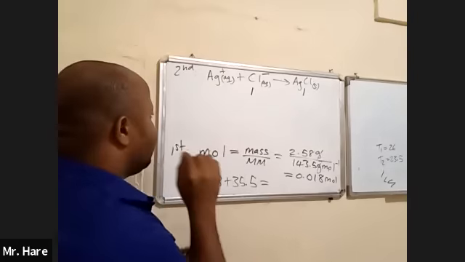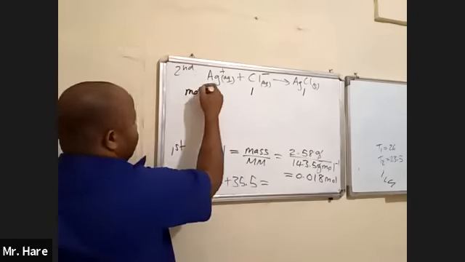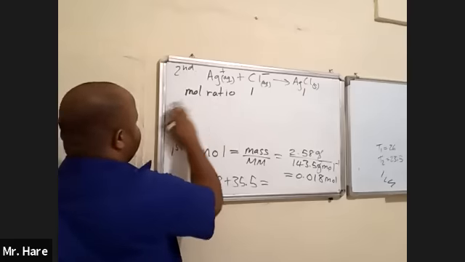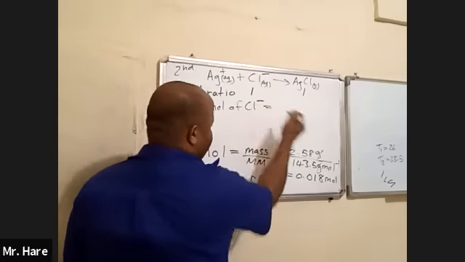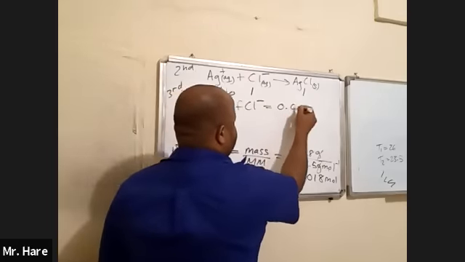If the mole ratio is 1 to 1, then the same amount would have reacted, the same mole. So the third step, the mole ratio is 1 to 1, therefore the moles of chloride ion is equal to 0.018 mole.